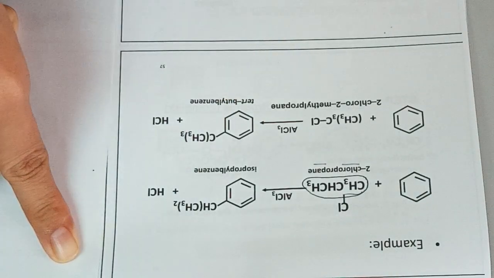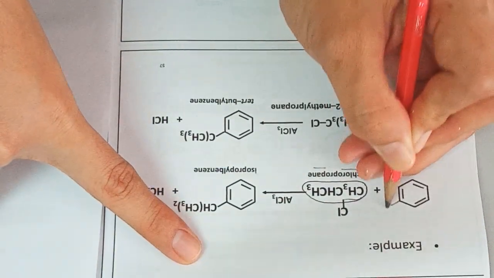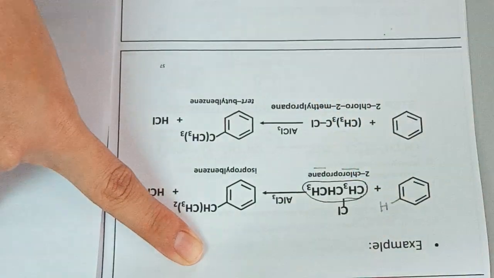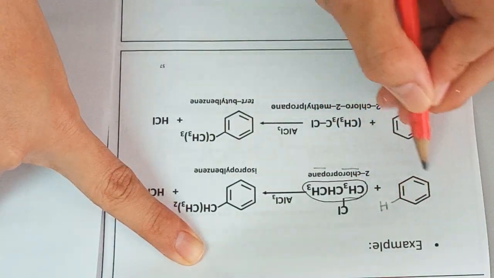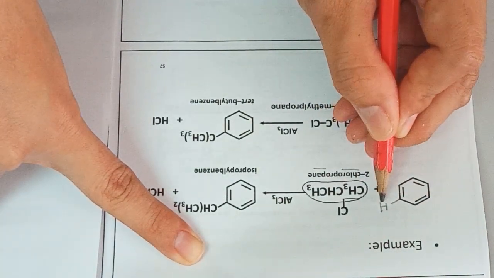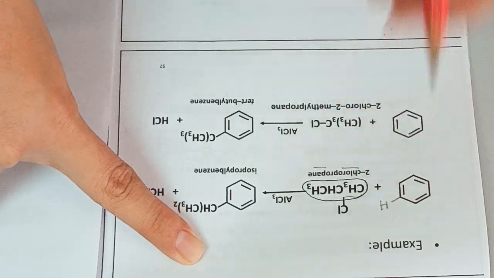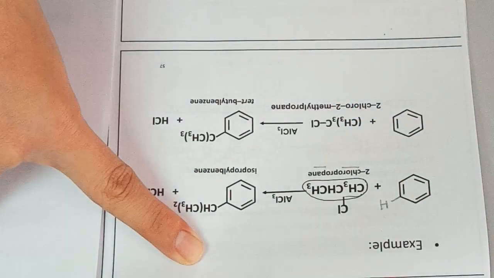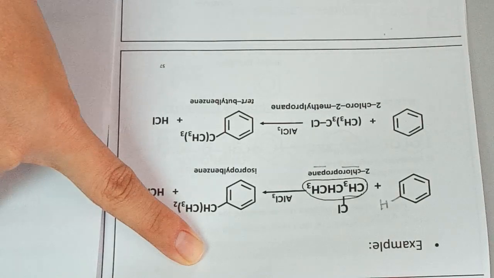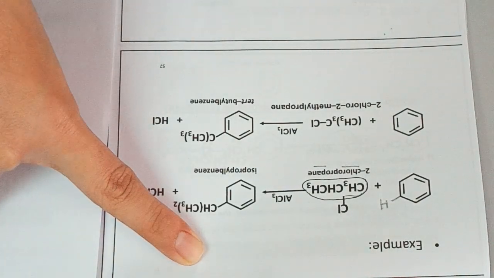What happened here is, remember, on each of the carbons in the benzene ring we have a hydrogen. I just drew this hydrogen. In benzene, the type of reaction that we have is electrophilic aromatic substitution.